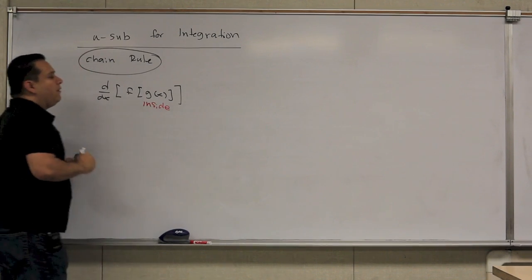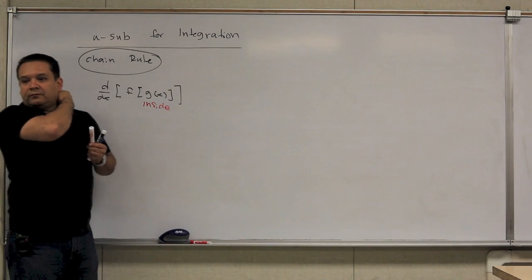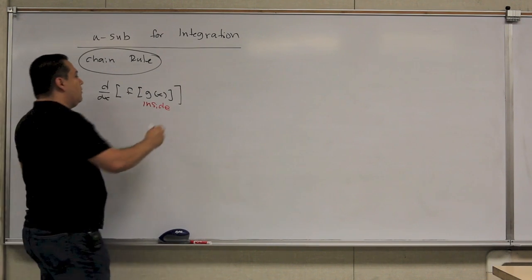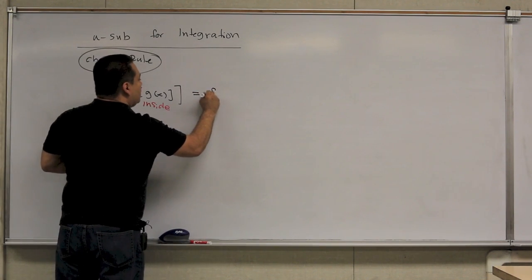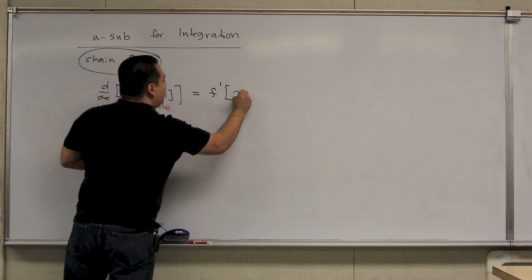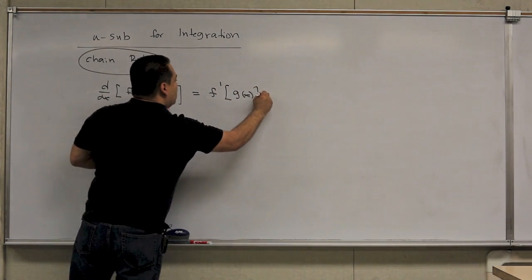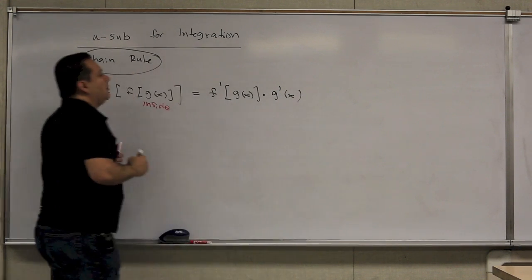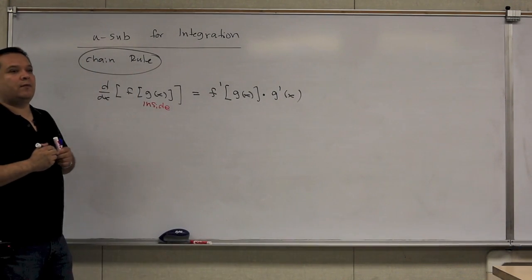So this was our inside function. And from chain rule, this turned out to be f prime of g of x times g prime x.